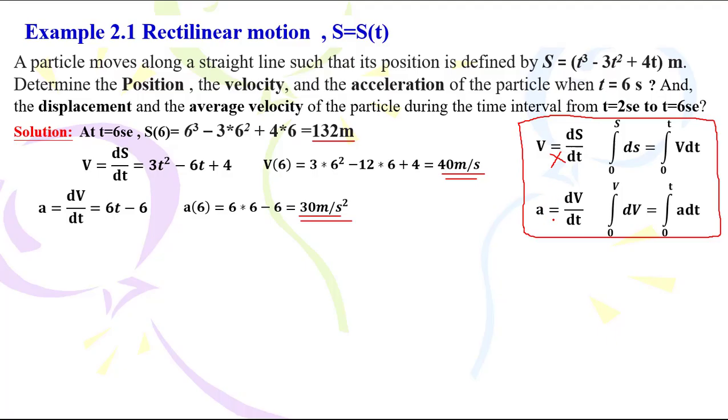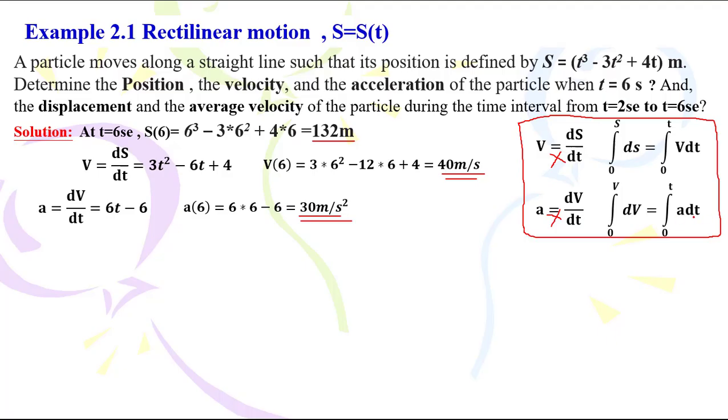And if you have acceleration, which is the rate at which the velocity is changing with respect to time, you have this one, cross-multiply, then integrate dv from 0 to v, equal to the integral from 0 to t of a dt.